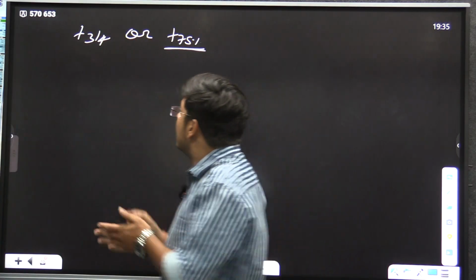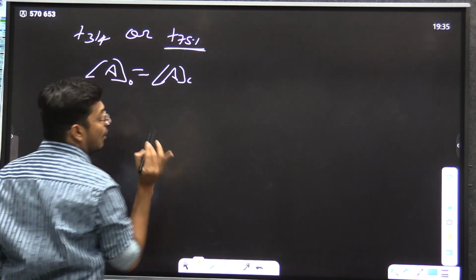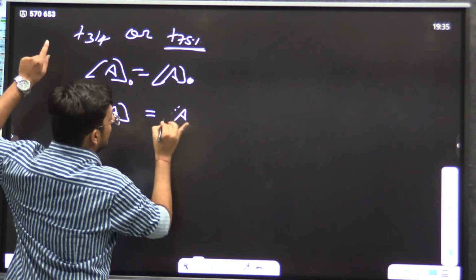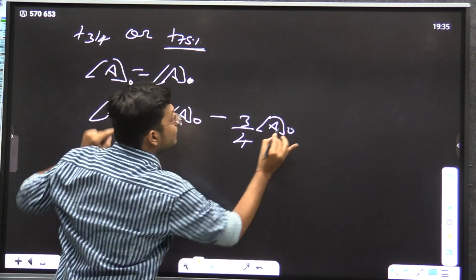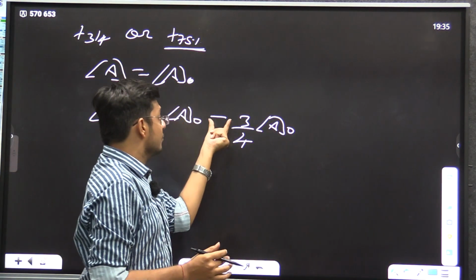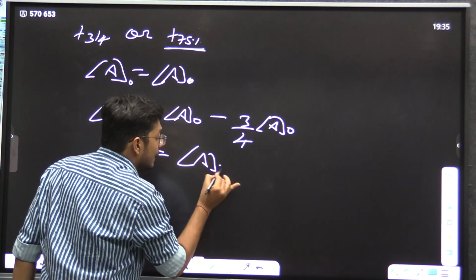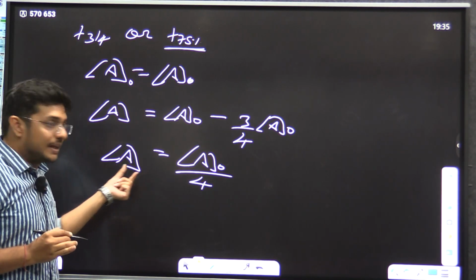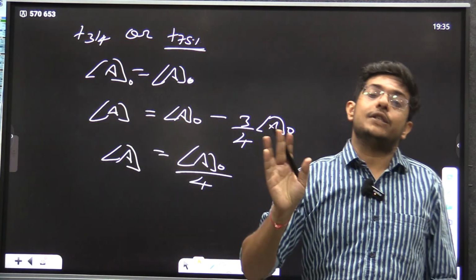This is very simple. Let the initial concentration be A naught, then A will be the initial minus 3/4 of the initial. That means 3/4 of the amount is consumed, that's why we are using minus over here. So what is left is A naught by 4, the 1/4 of the initial amount, or 25% of the initial.